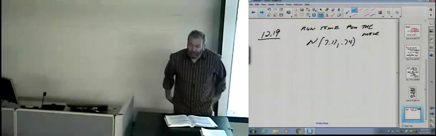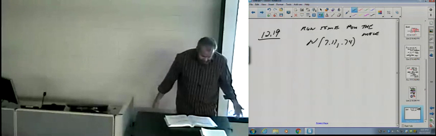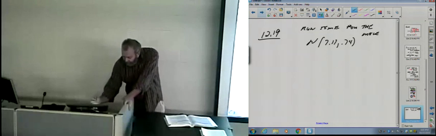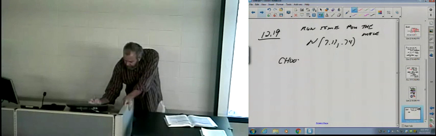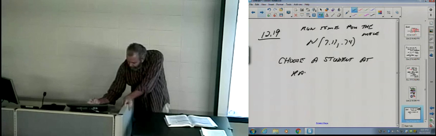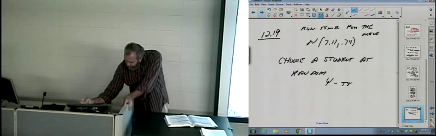It says, choose a student at random and call his time for the mile Y. Choose a student at random, let Y be their time.